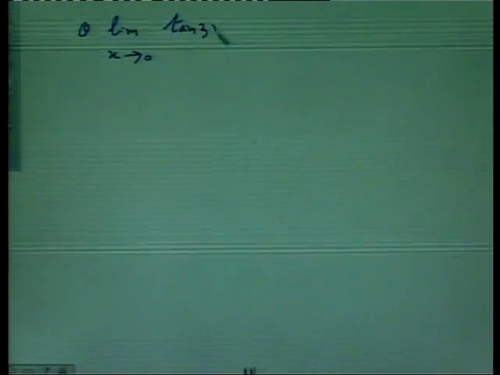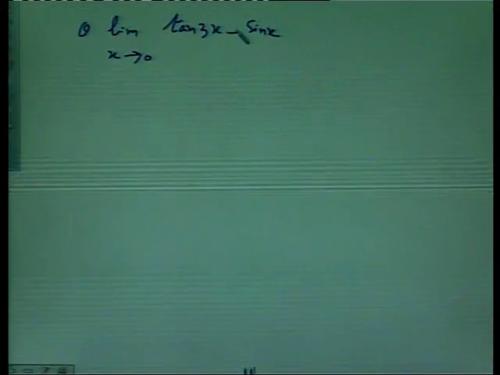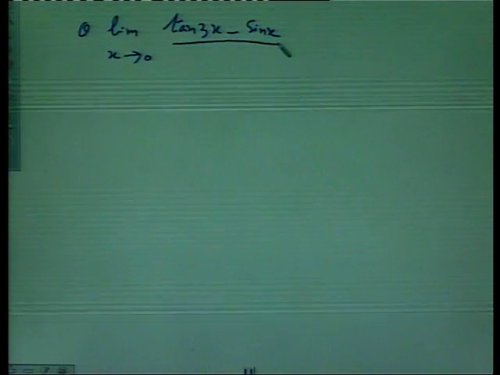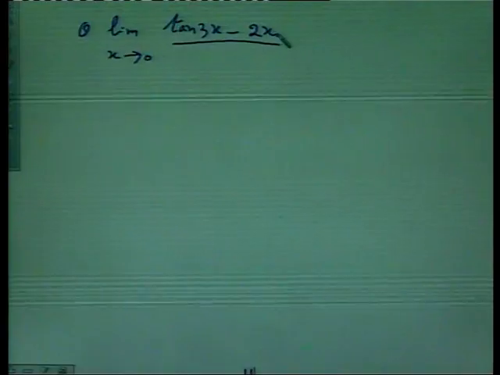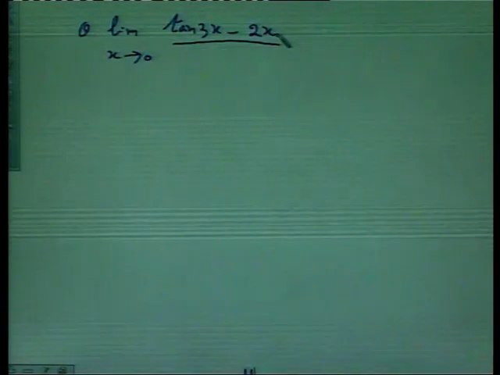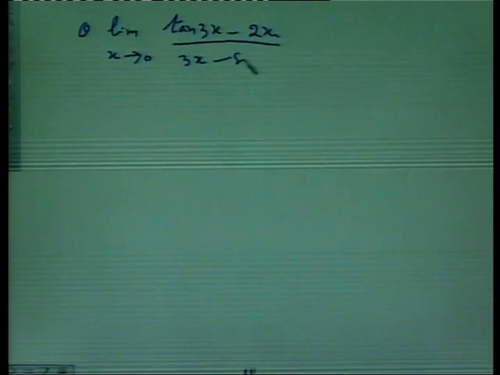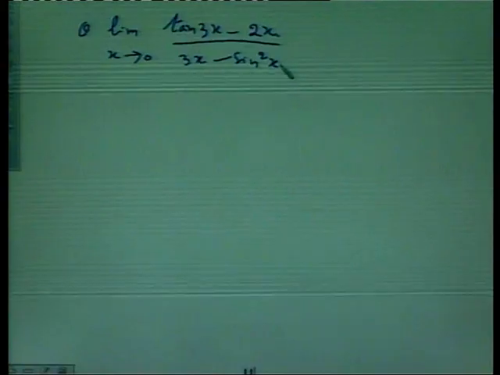Question is limit x tends to 0, tan 3x minus 2x, whole divided by 3x minus sin square x.